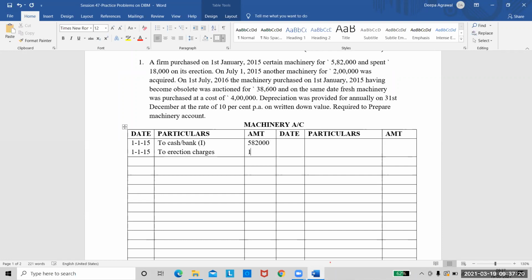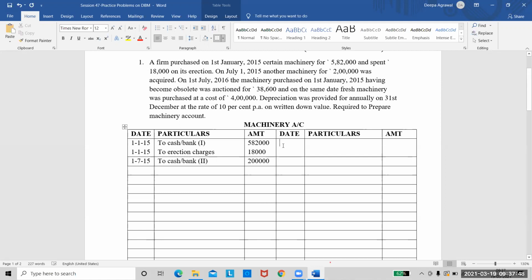The erection charges are 18,000. So what is the total cost of machinery? 6 lakhs, right? And now in the same year, but on a different day, that is on 1st July. So 1/7/2015, you purchased another machinery. So to cash/bank in brackets second machinery, write the amount as 2 lakhs. Right? So we have taken all the purchase.